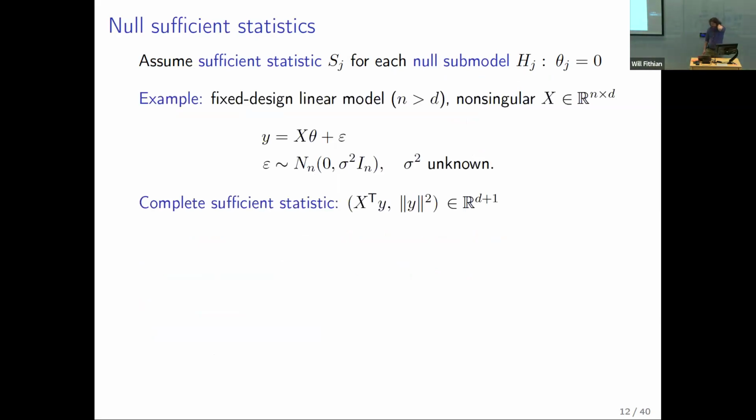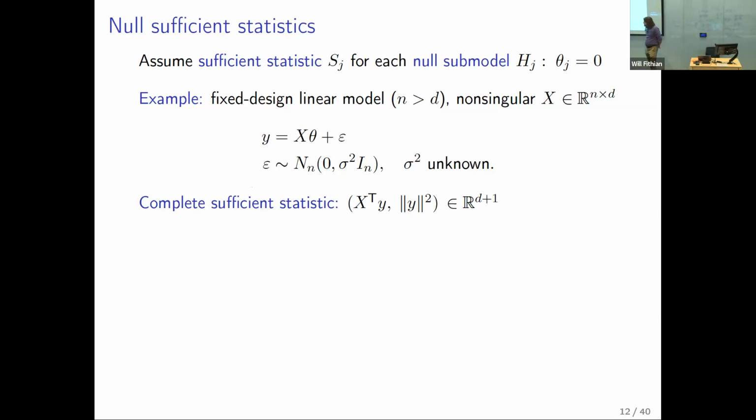Okay, so again, let's just make this concrete. Suppose that I have a linear model. The statistical setting we're working in right now is a linear model with fixed design. I have some non-singular feature matrix X, which is just fixed, and I observe X theta plus some Gaussian errors with unknown error variance.